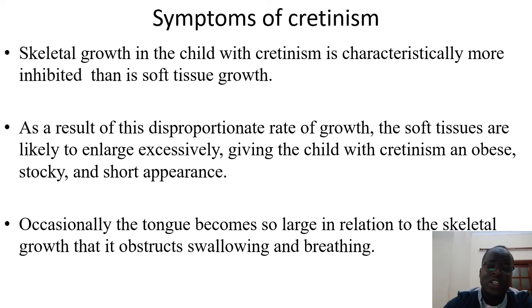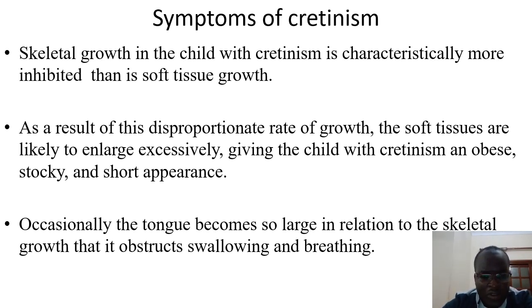In as much as you need the growth hormone, you also need the thyroid hormones that will engineer the metabolism. So if you are lacking thyroid hormones as an infant, the development of the skeleton will be affected more as compared to the development of soft tissue. That's what that sentence means.